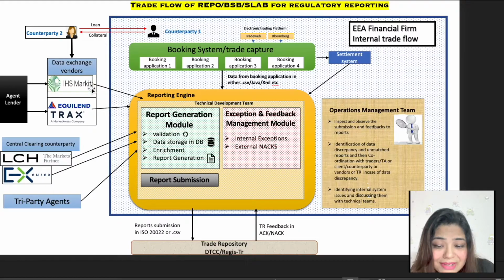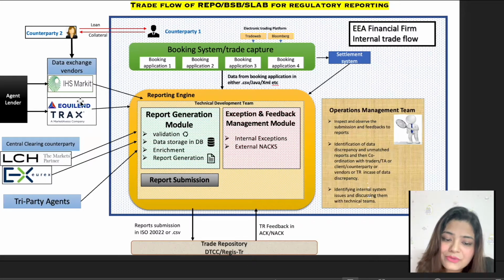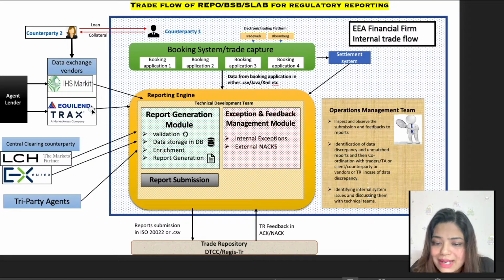Whenever trades are booked in a booking application, we are unaware of how the other counterparty is booking the data in their own application. So IHS Markit and Equivalent or TRAX act as a middleman between the two counterparties, and they share each counterparty's data with the other. This data helps us know whether the counterparties are in sync with each other before submitting this data to trade repositories.